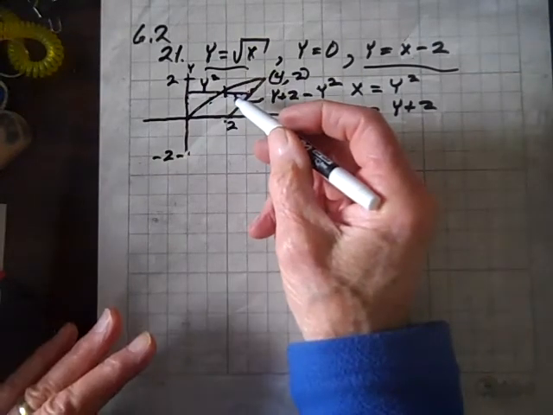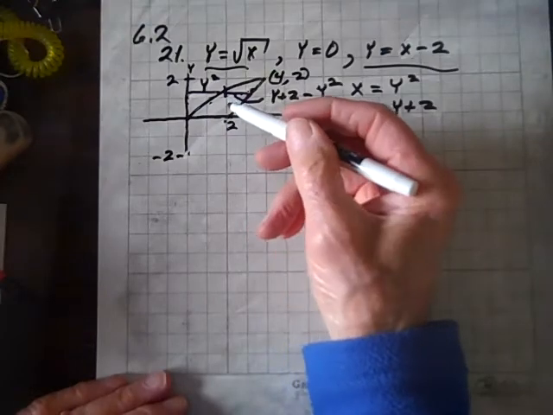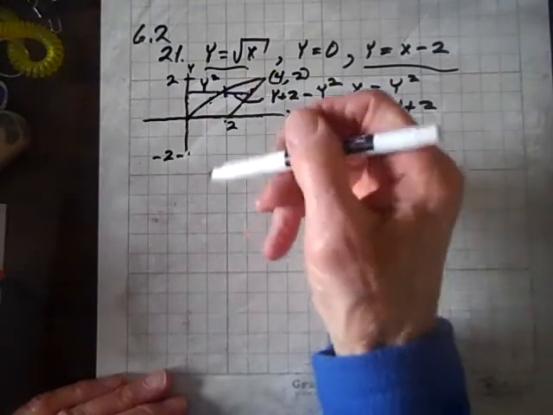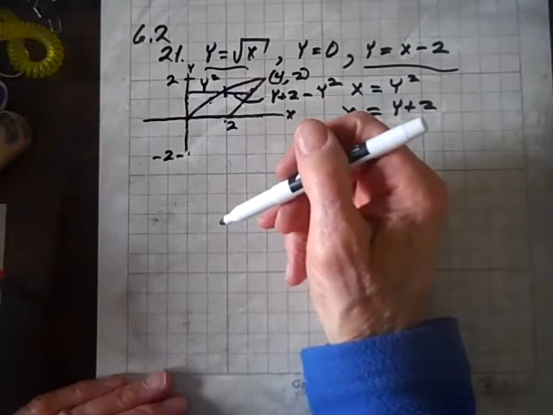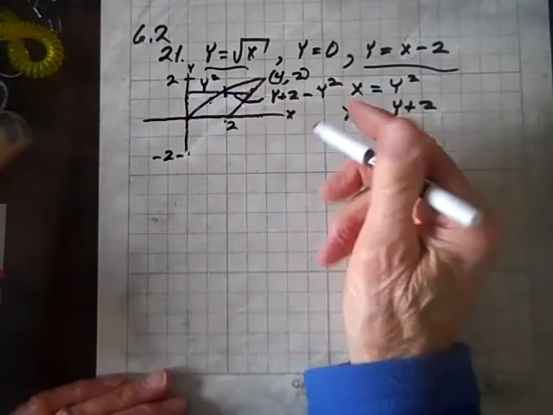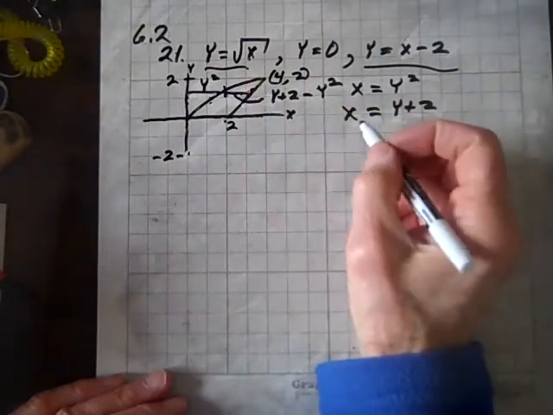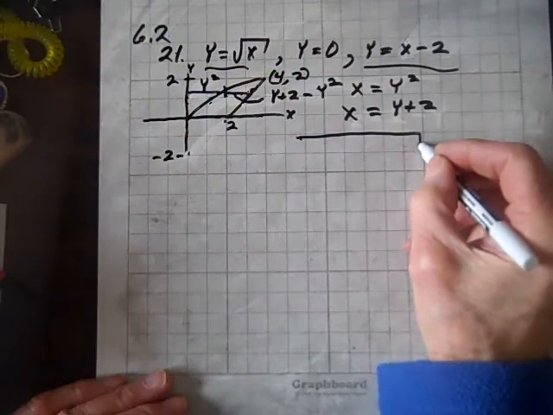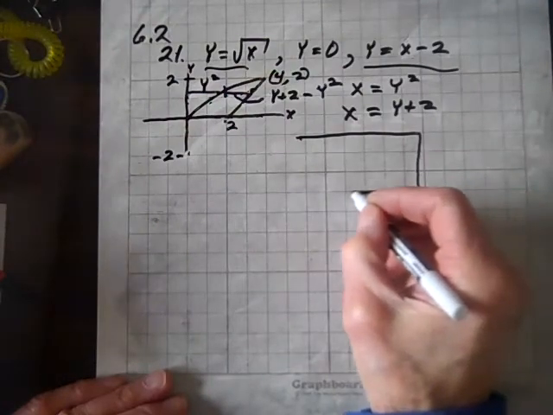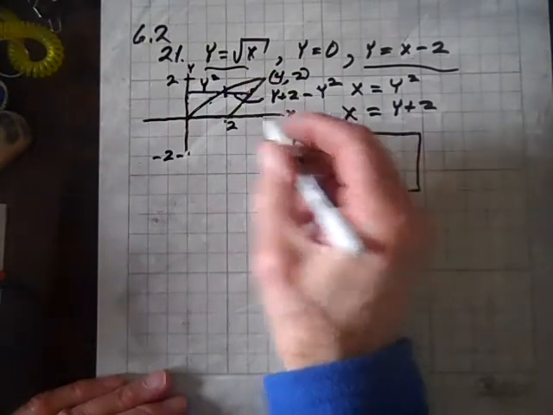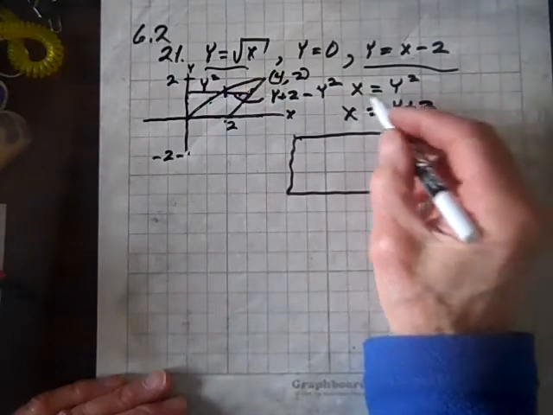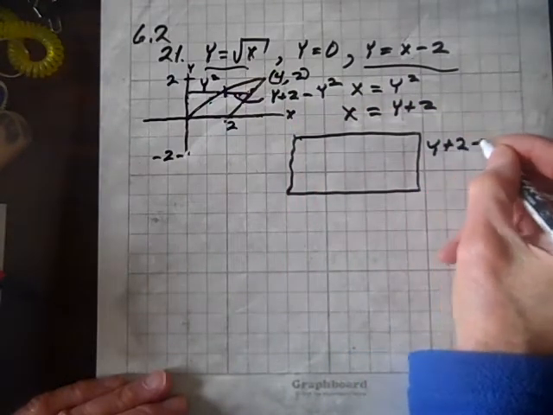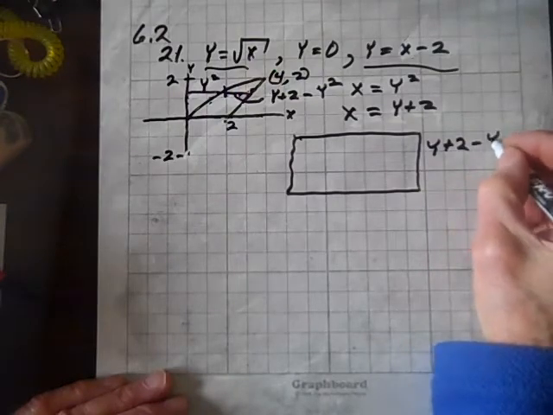Now, when we form a shell, what we have is a cylinder, and we're going to find the area of each cylinder. When we open it up, it's just a rectangle, and the height of that cylinder is going to be this distance here, y plus 2 minus y squared.